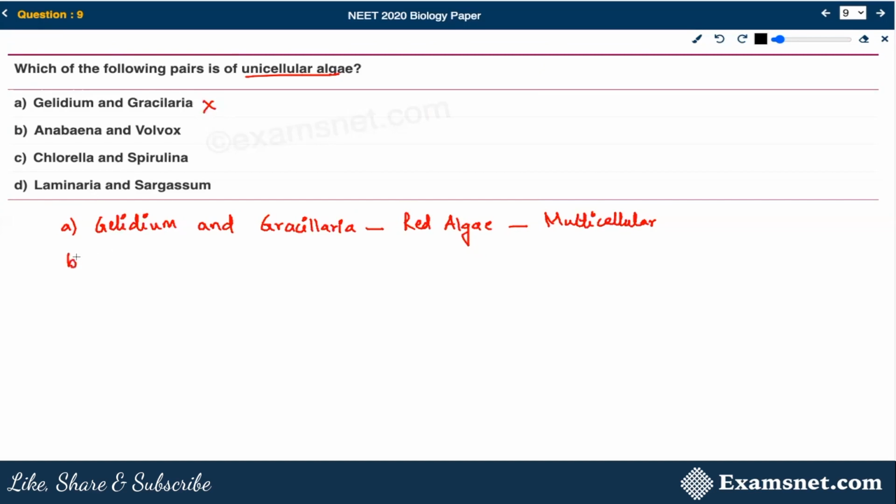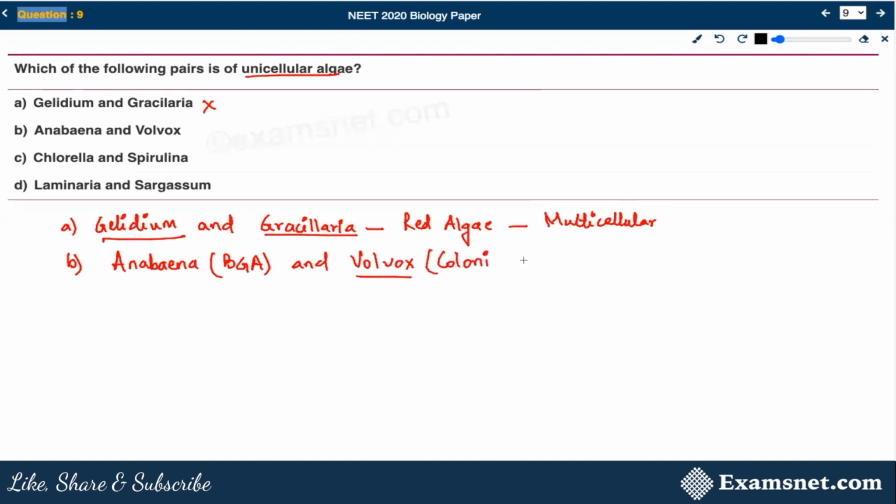So the second option is Anabaena and Volvox. Here we have to underline it since Gelidium and Gracilaria are genus. So Anabaena is a category of blue-green algae, which is BGA, while Volvox is an example of colonial green alga.